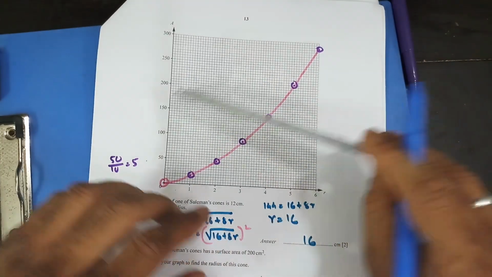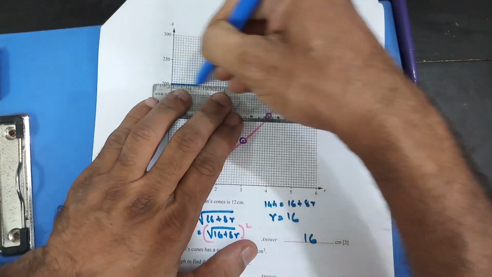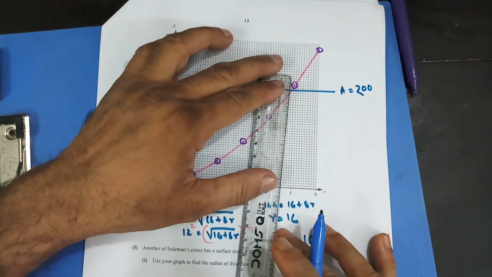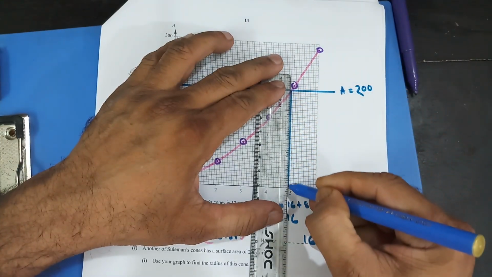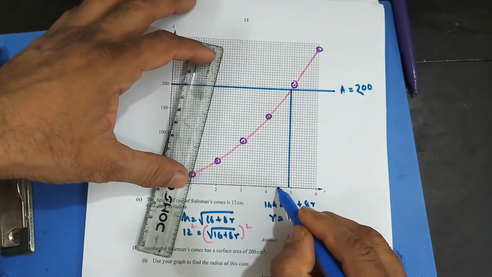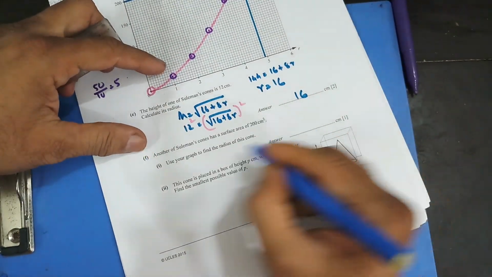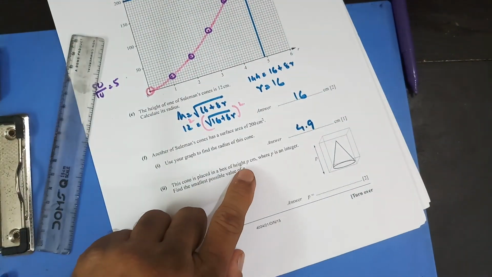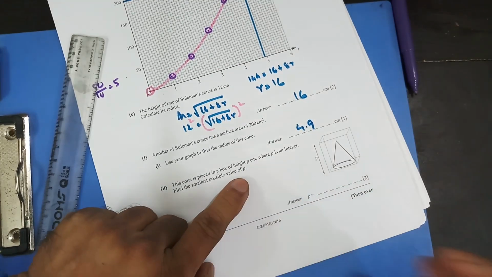I'm going to draw a line at area equal to 200 square centimeters, and that gives me a value over here, 4 point 1 2 3 4 5 6 7 8 9, so I got 4.9 centimeters. This cone is placed in a box of height p, where p is an integer. Find the smallest possible value of p.